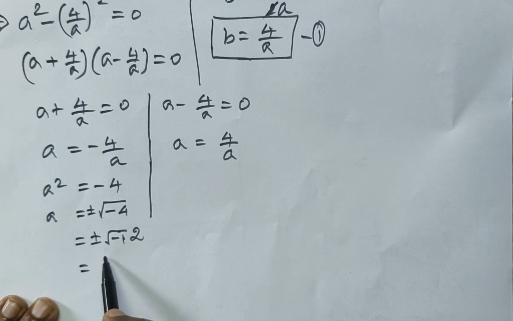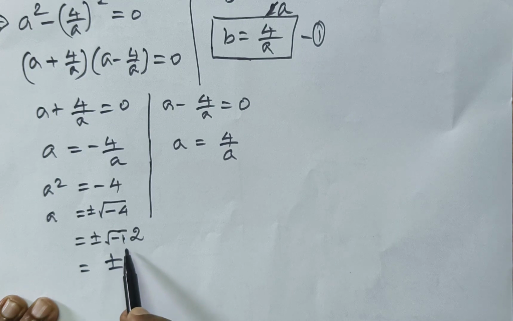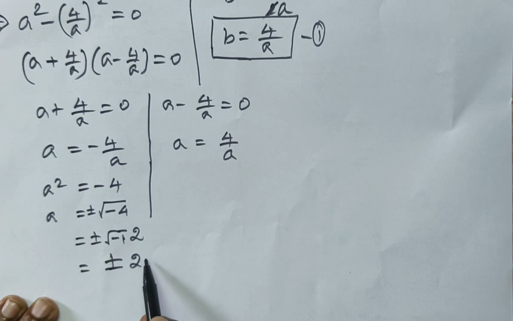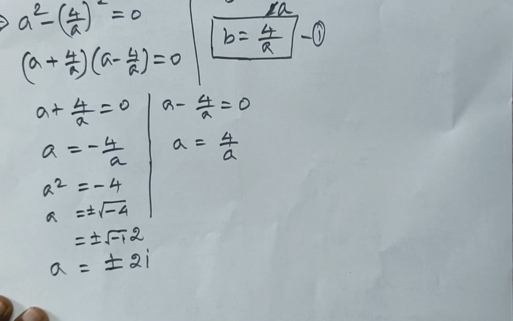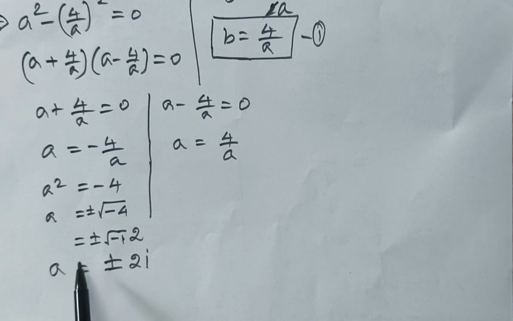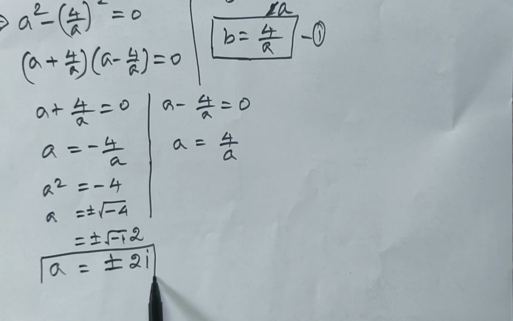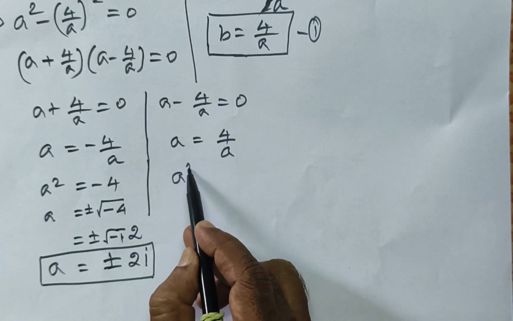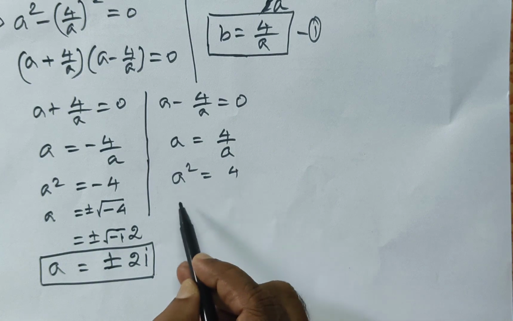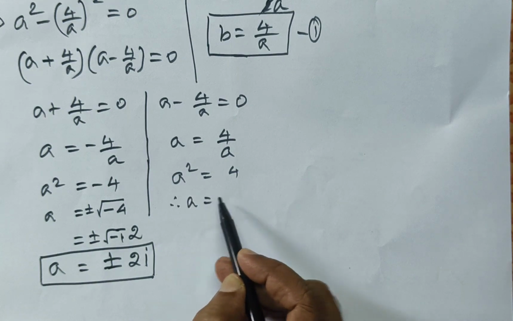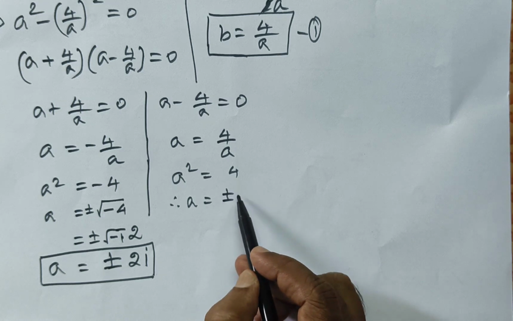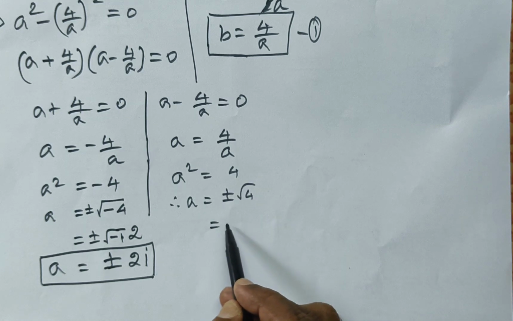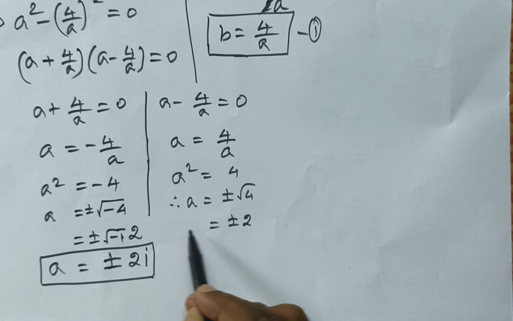That is plus or minus 2i, because root minus 1 is i. Here a squared is equal to 4. Therefore, a is equal to plus or minus root 4, that is plus or minus 2 only.